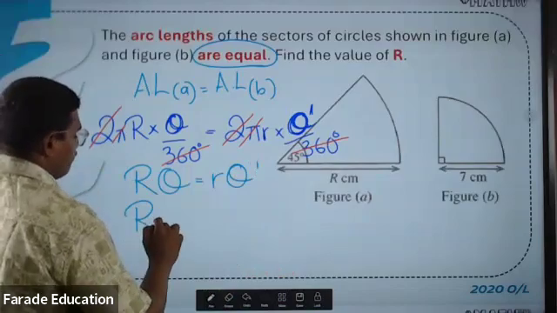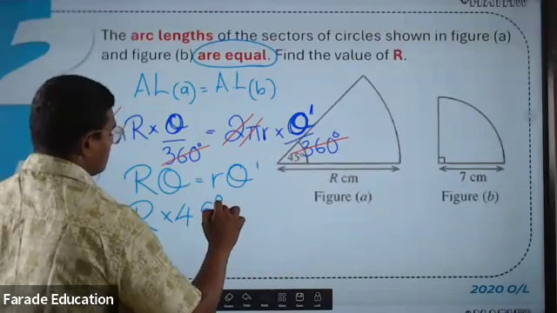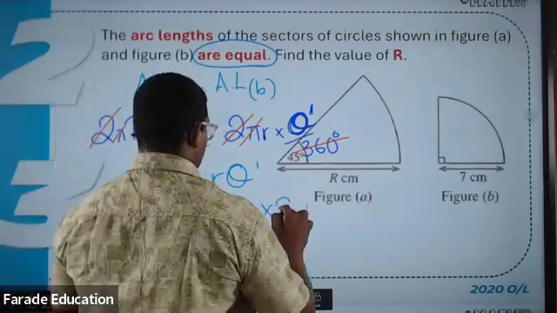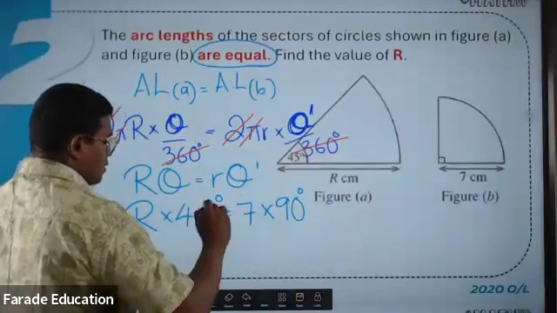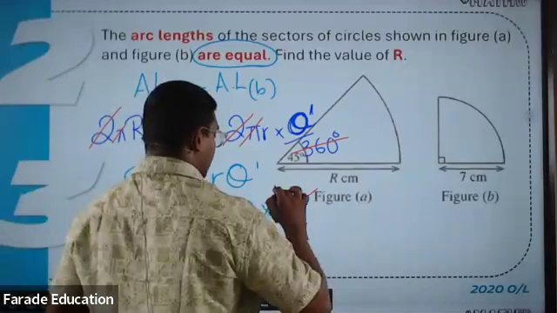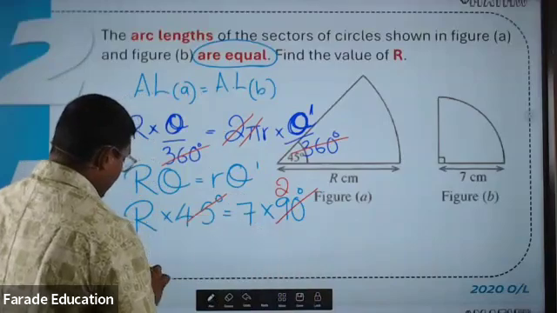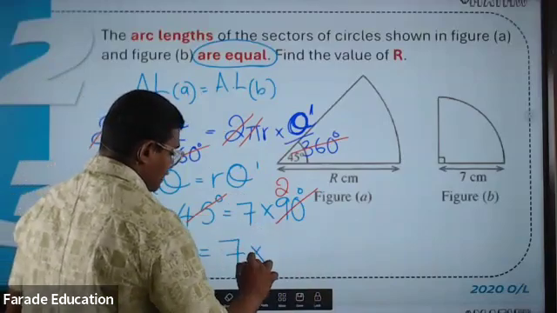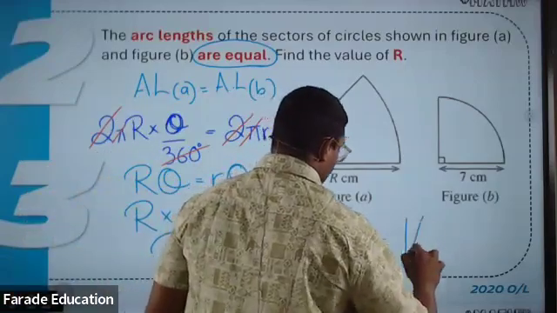Capital R is what I have to find. Theta is 45 degrees. Simple r is 7. Theta dash is 90 degrees. Again, I can cut 45 and 90, cut 2. Then capital R is 7 multiplied by 2. Capital R is 14 centimeters.